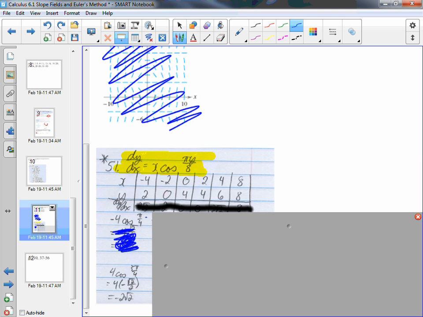So I should have written here dy/dx equals, so I replaced that x in the front with the negative 4. Then I have the cosine of pi y over 8. So pi times 2 over 8. Well, 2 pi over 8 reduces to pi over 4.